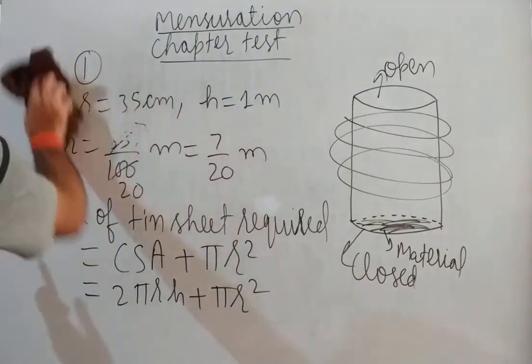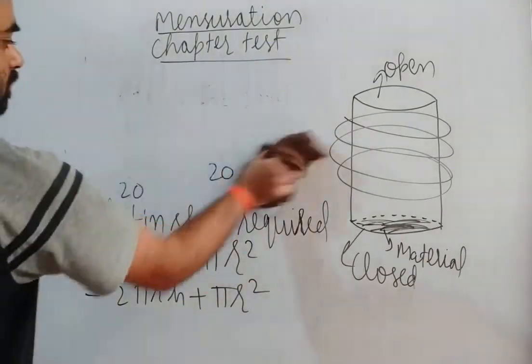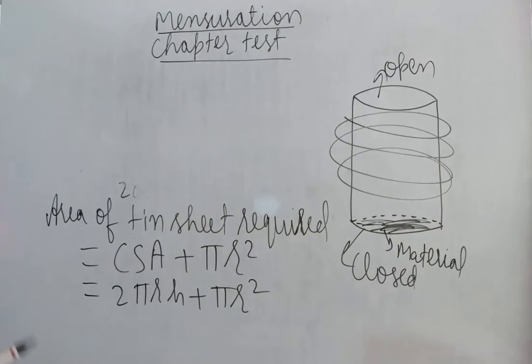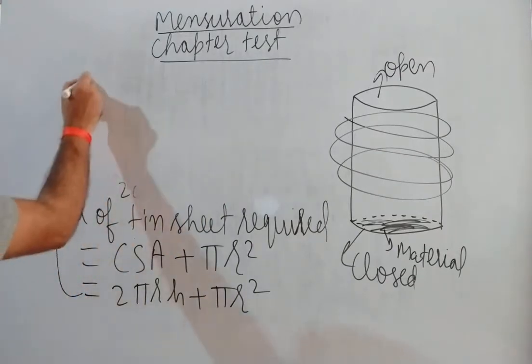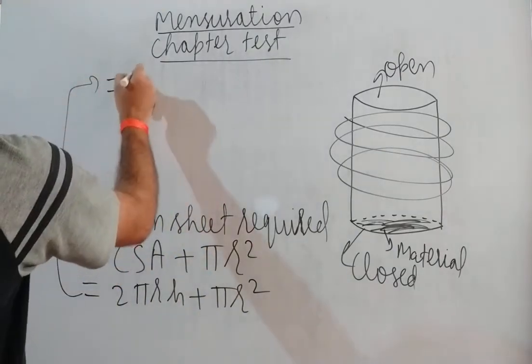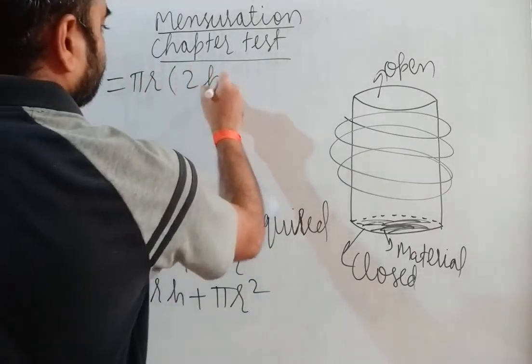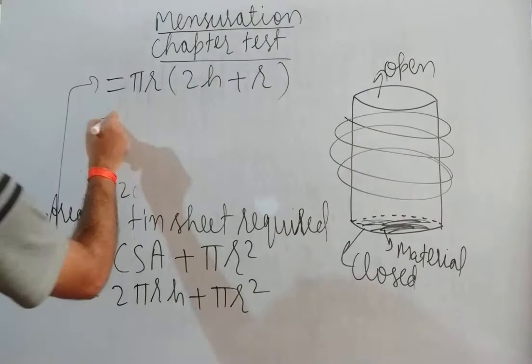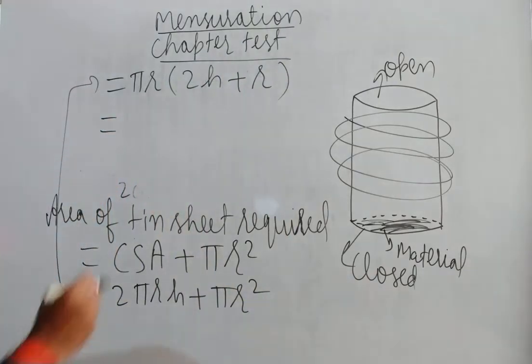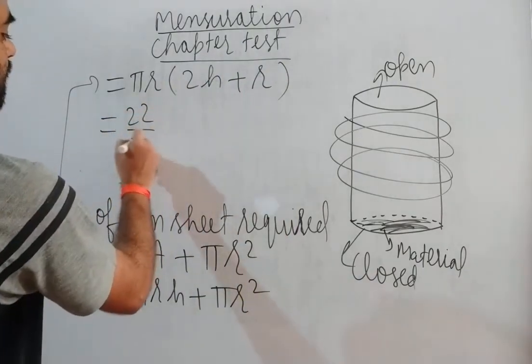Now, what is common? Common is pi r. So what is left? 2h plus r. Now substitute the value. Nothing is mentioned about pi, so pi is 22 by 7.